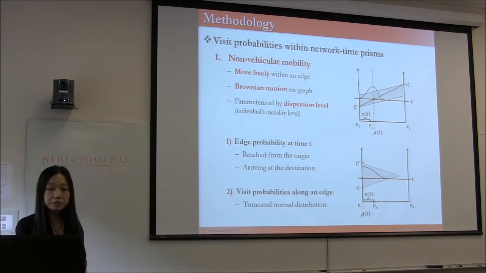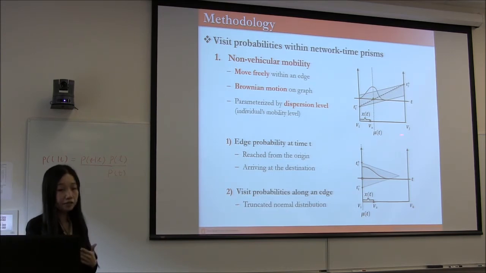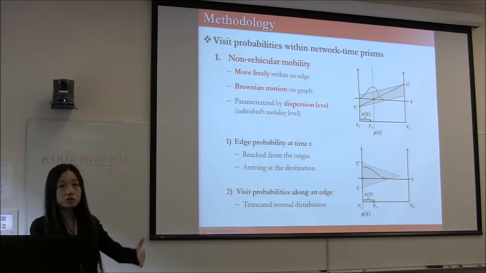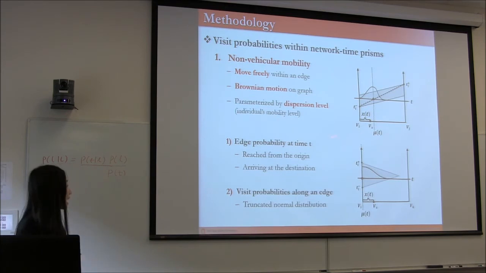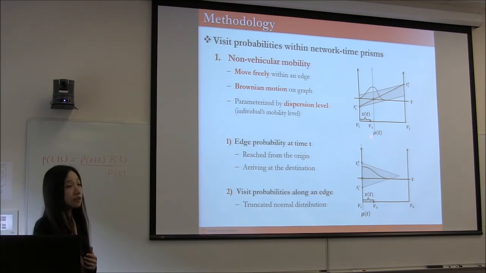That is determined by the earliest time I can reach it from the origin and the latest time I need to leave towards the destination. That determines the probability for that edge, that road link.